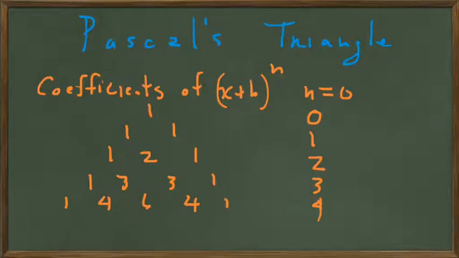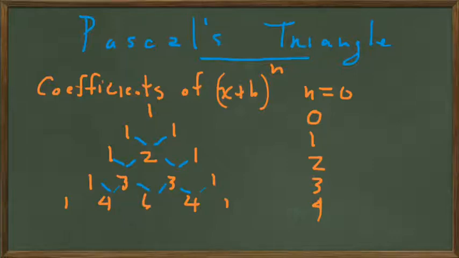Pascal's triangle is easily calculated. What we do is to find the number in the row below, we take the two numbers above that to the left and right and add them together. So you can see how we get the 2 here, the 3's here and here, the 4's here and here, and the 6 here.